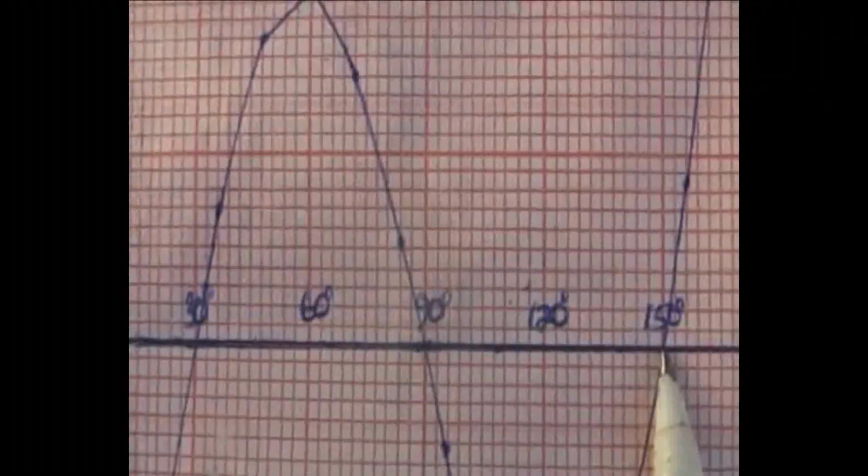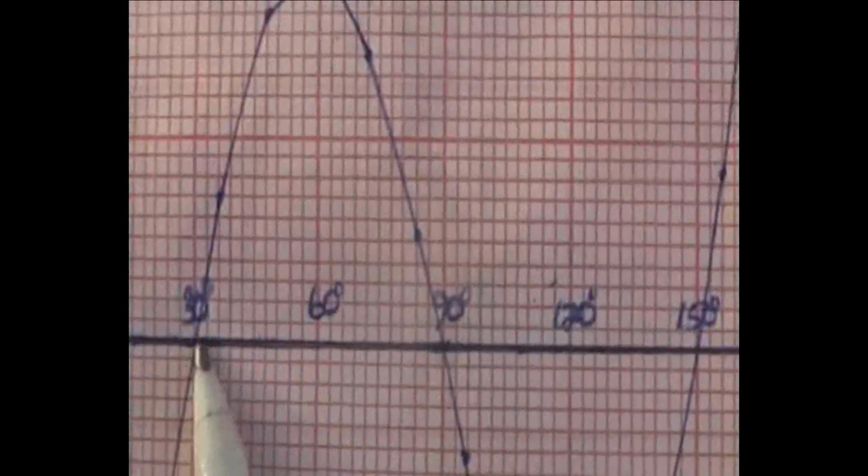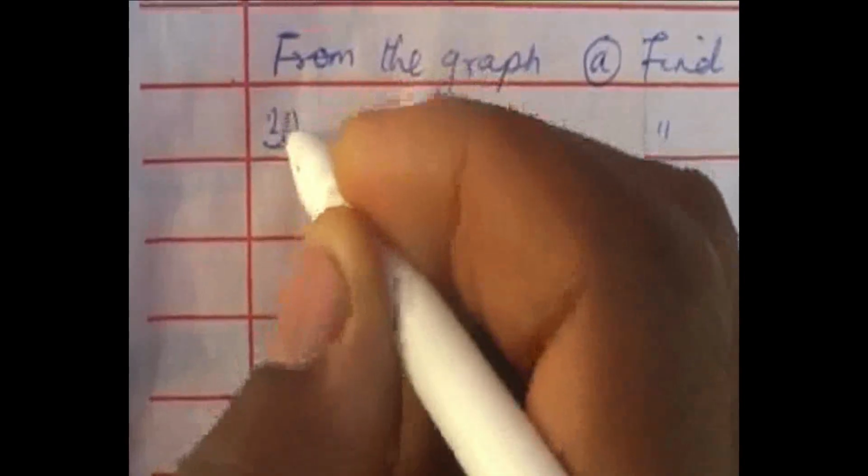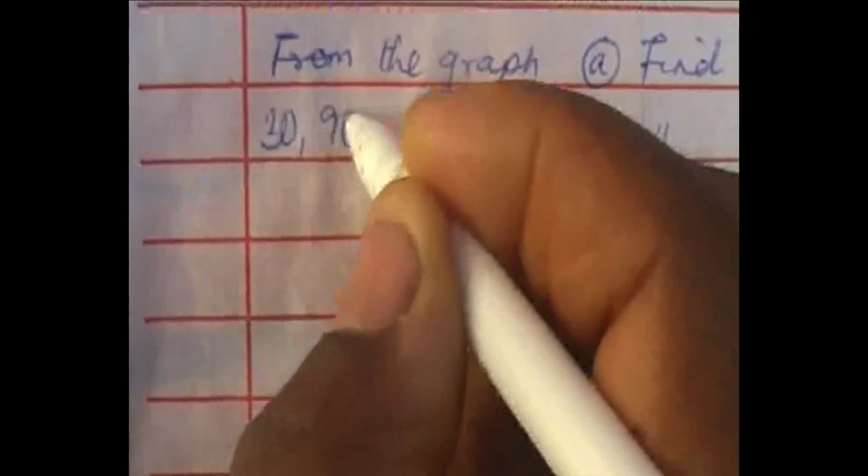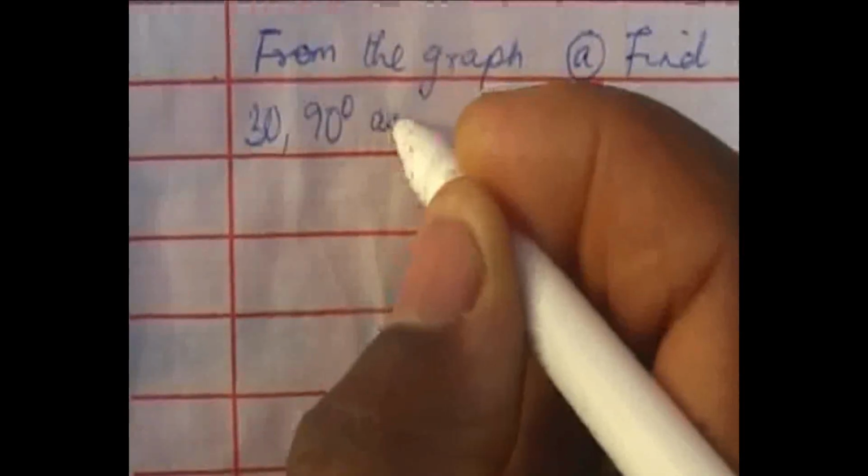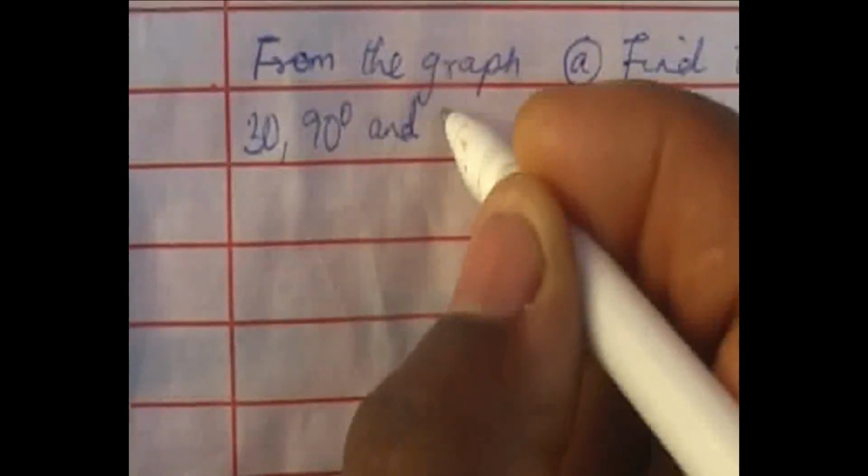That is the answer to that question. You can see it cuts here at 30 degrees, here at 90 degrees, and here at 150 degrees. That means for question A, the solutions to that equation are 30 degrees, 90 degrees, and 150 degrees.